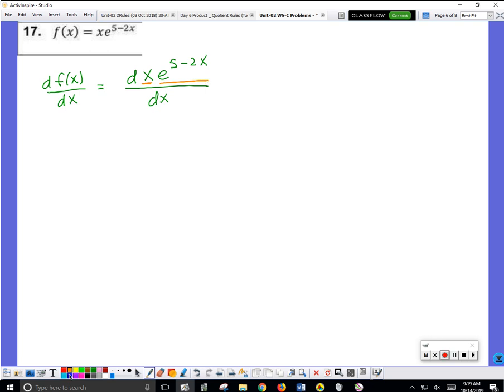To apply the product rule, all you do is write down the second factor, and you multiply the second factor by the d/dx, or derivative, of the first factor. Then it's plus, and you do the opposite. So now I write down the first factor, and then I write the derivative, d/dx, of the second factor.